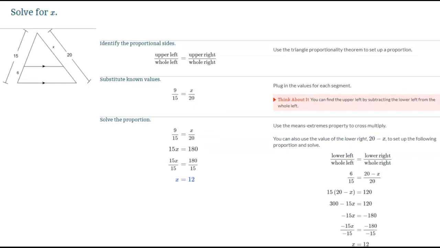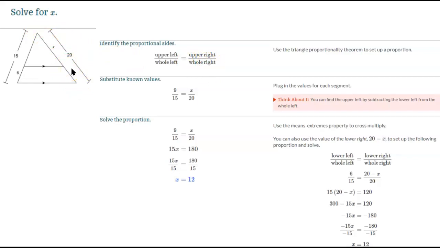Here we're going to go ahead and solve for x. Now they've given us an x, so we won't use line names. We're going to identify the proportional sides, the upper left divided by the entire left side, which is 15, and the upper right divided by the entire right side.